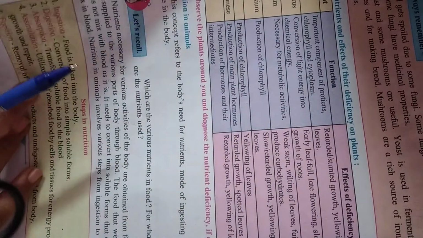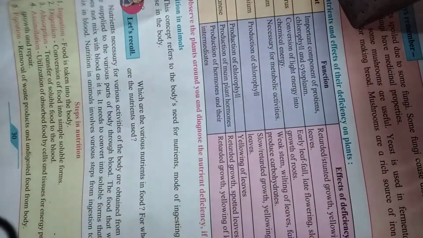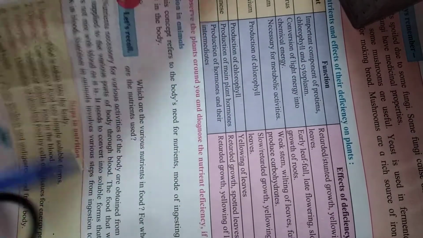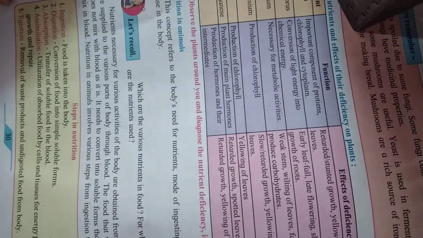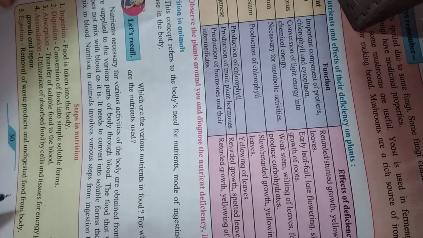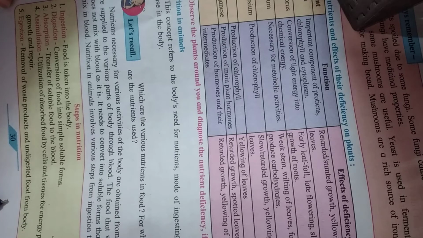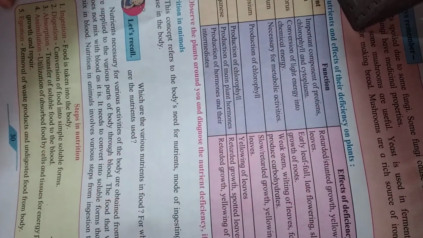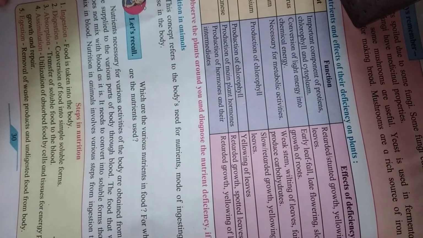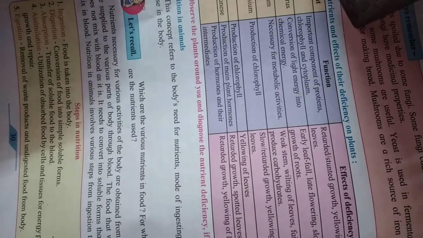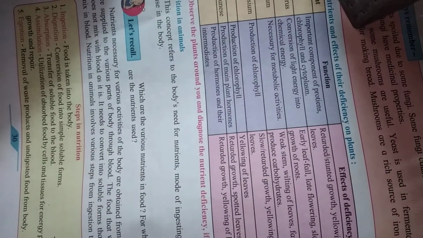Nutrients necessary for various activities of the body are obtained from the food. They are supplied to the various parts of the body through blood. It needs to be converted into soluble forms that can easily mix in blood.